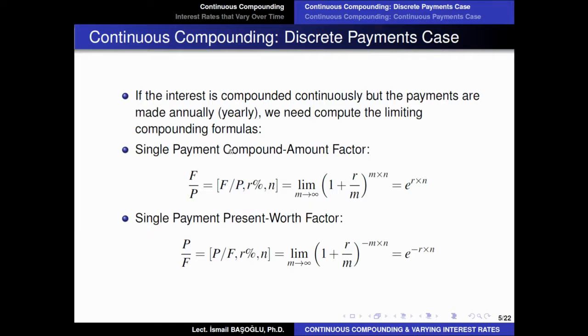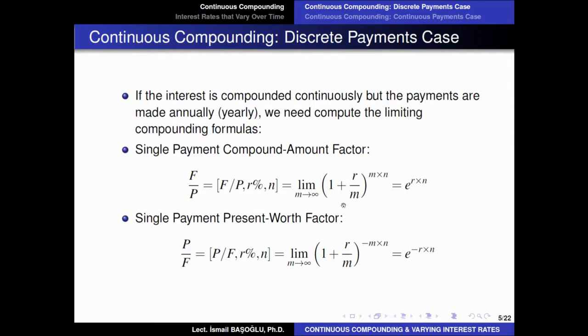So we are just going to do this. What we are going to do in these pages is consider every compound amount factor that we have learned so far, and assume that the number of interest periods is infinitely large. We are going to take the number of interest periods to the limit, infinity.